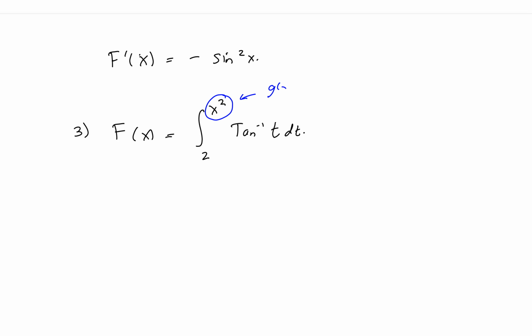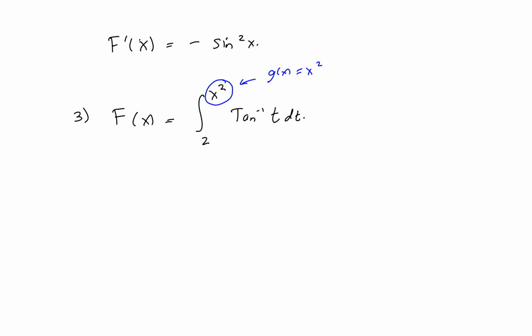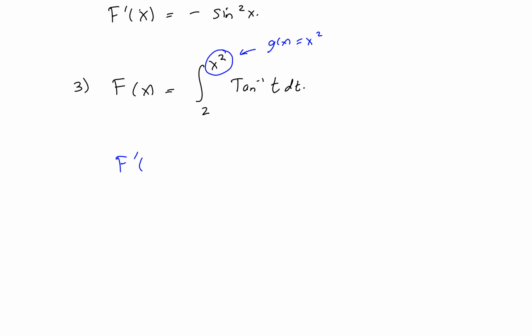So I can think of this g of x as x squared now. So now when I take the derivative using the fundamental theorem, I'm going to have arctangent, and then I have to put the x squared in, and then I need the derivative of x squared from chain rule, because it's a function inside the function. So this becomes 2x arctangent of x squared.